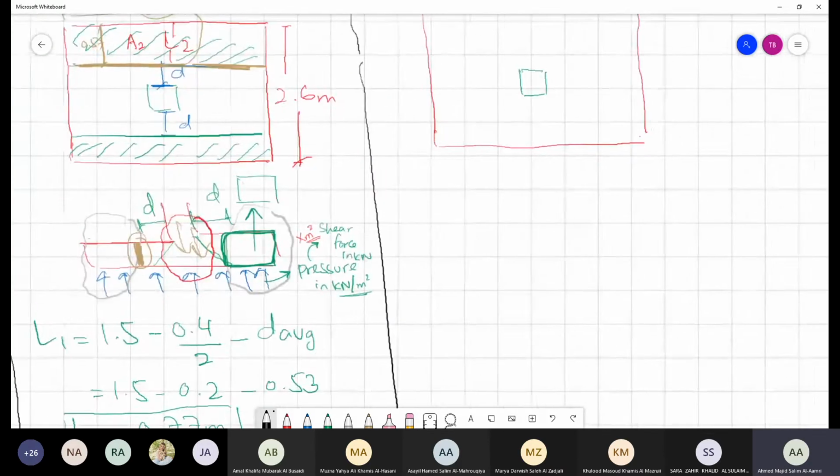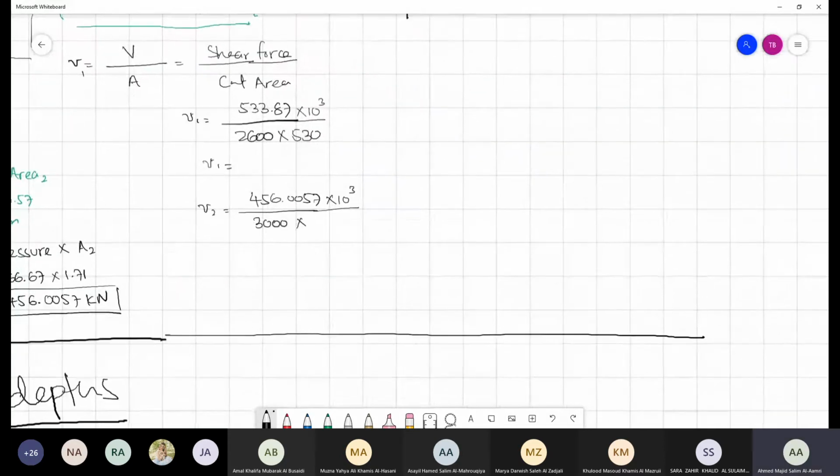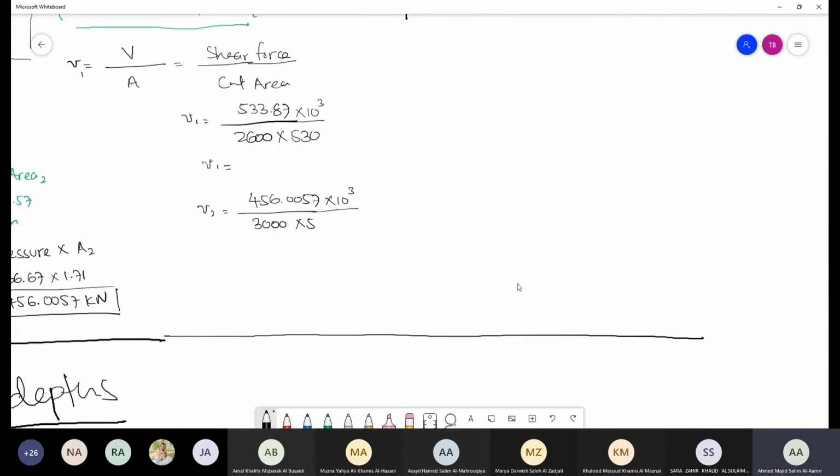We need to cut for the full depth once again in order for my portion to go outside, if you remember. So it is going to be 530. Now can you give me how much is your V2? And how much is your V1?